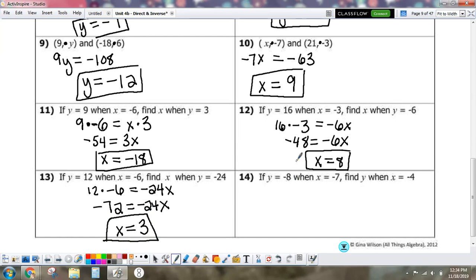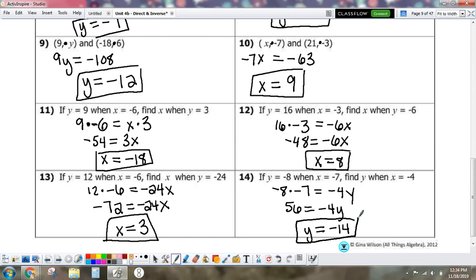And the last one, we have negative 8 times negative 7 equals 4 times negative y. Negative 8 times negative 7 is a positive 56 equals negative 4y. Divide both sides by negative 4. y equals negative 14. All right, so that is all for inverse variation.